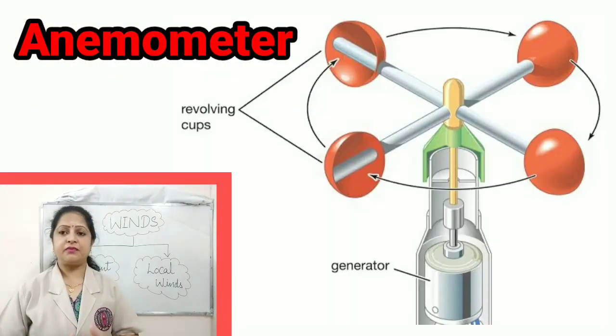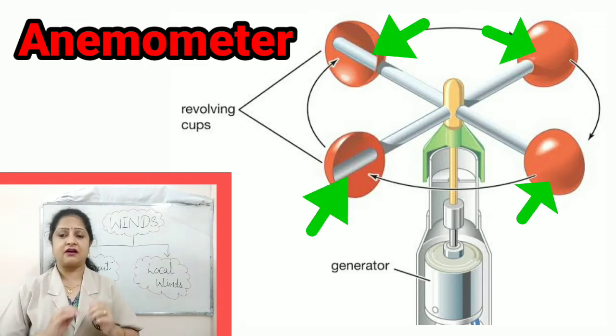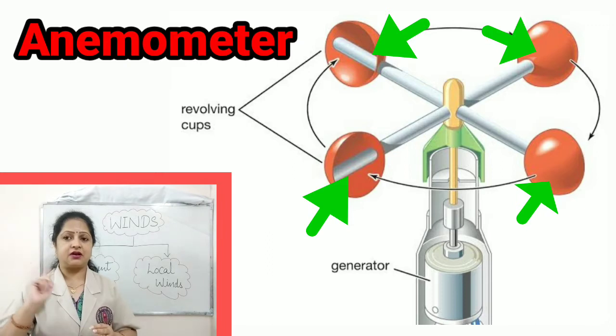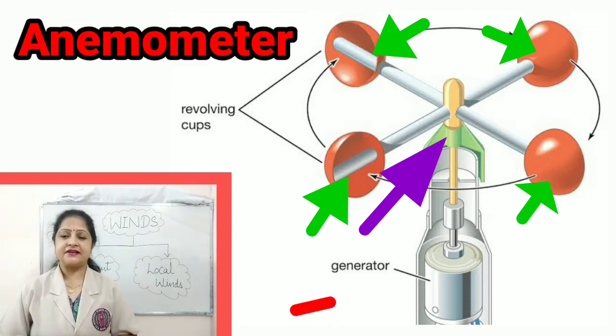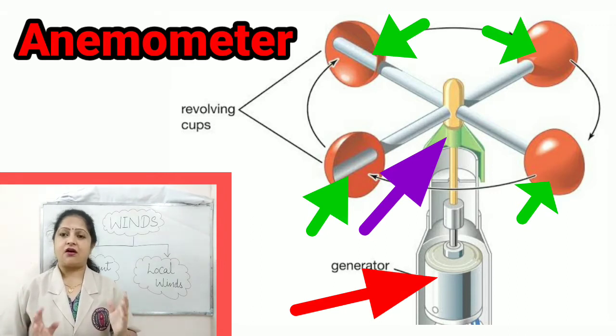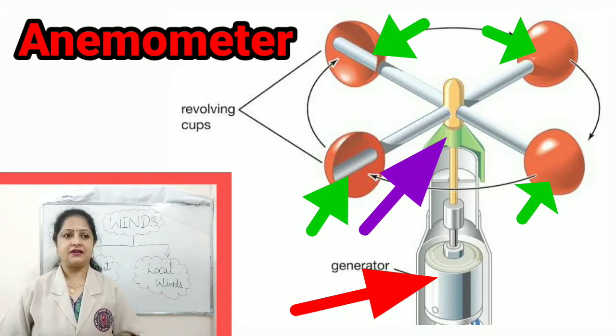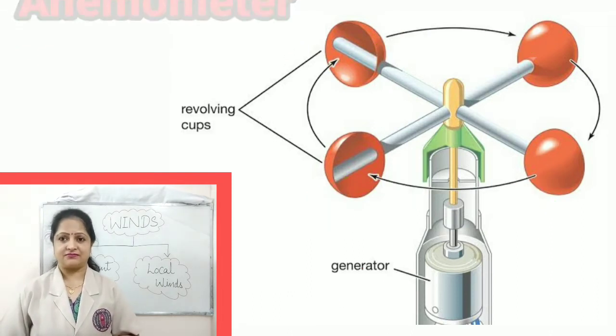An anemometer consists of 3 or 4 cups attached to a rotating shaft. When wind blows, the cups and the shaft rotate. The shaft is connected to a meter or a generator which shows the speed of the wind.